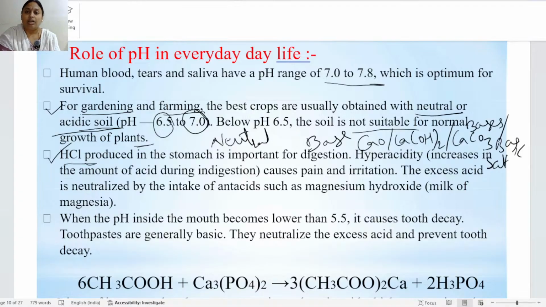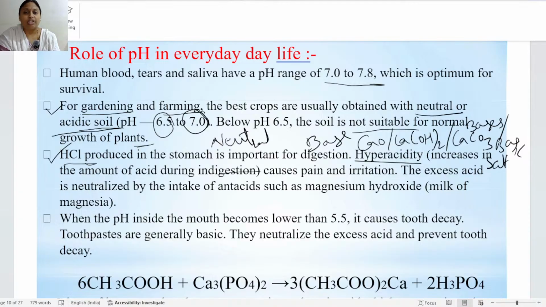But here we have two cases. One is hyperacidity. What is the meaning of hyperacidity? An increase in the amount of acid during indigestion. What is it called? It is called a fasting condition.